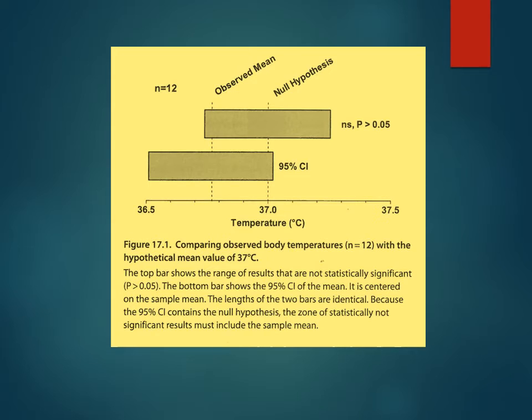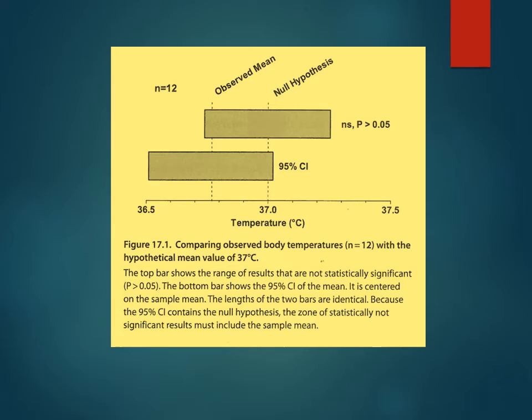Because it includes that, that means that your results are not going to be statistically significant. So in this case, do I reject or keep the null hypothesis? I keep it, right? Because I know that at least some of those values are going to include that population mean, I cannot reject that null hypothesis. So I must say that there's no difference between those two groups, okay?